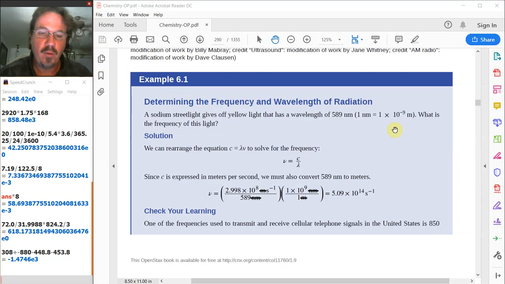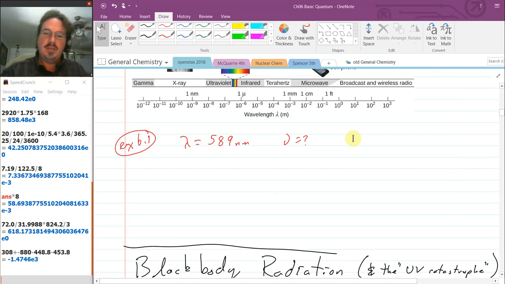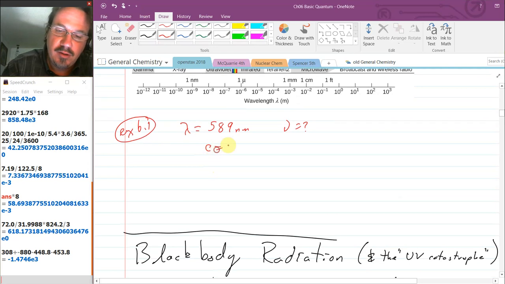Example 6.1, determining the frequency and wavelength of radiation. A sodium streetlight, a light bulb made with a sodium filament that produces the light, gives off yellow light and has a wavelength of 589 nanometers. What is the frequency? Well, we know that frequency and wavelength are related by the very simple equation c equals lambda nu.